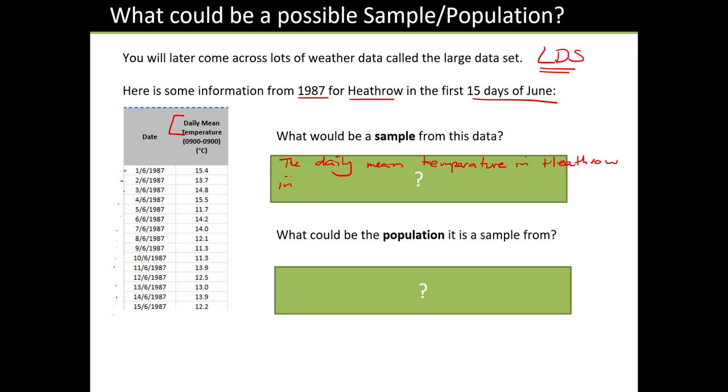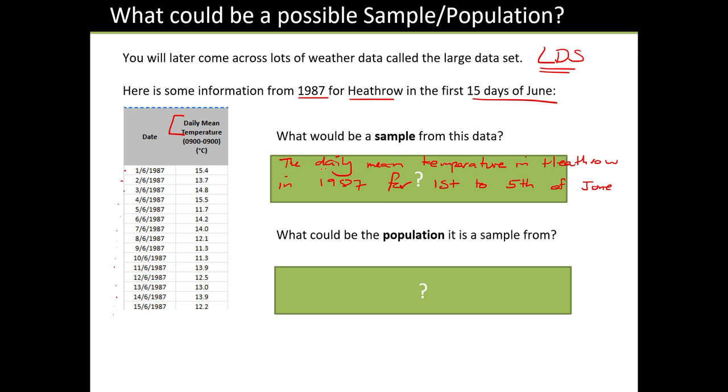And then if it's a sample, the idea is it's a subset. So we just want a smaller amount, should we just say for the 1st to the 5th of June, or I could say every other day, like the 1st, the 3rd, the 5th, something like that. This is what we're looking for.